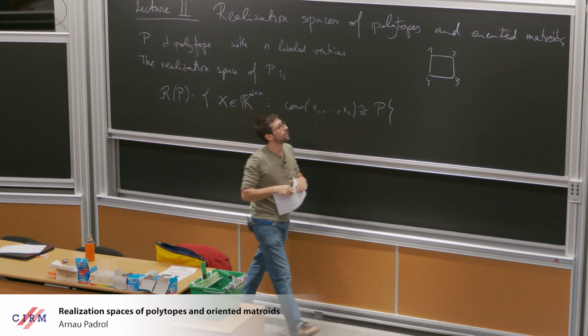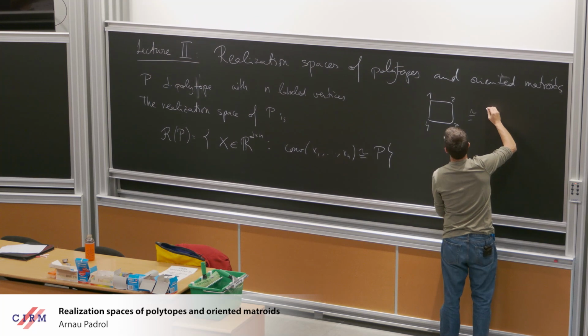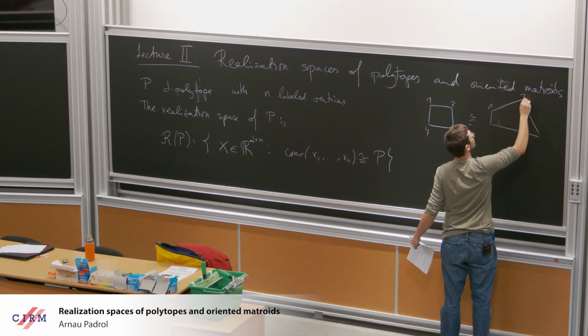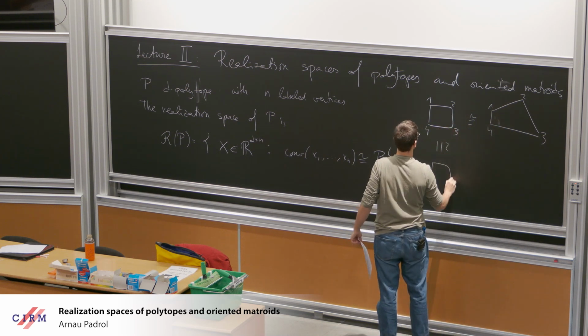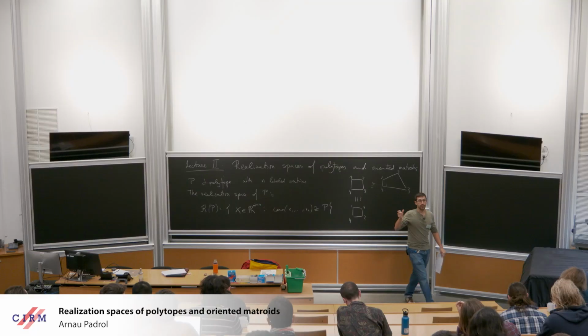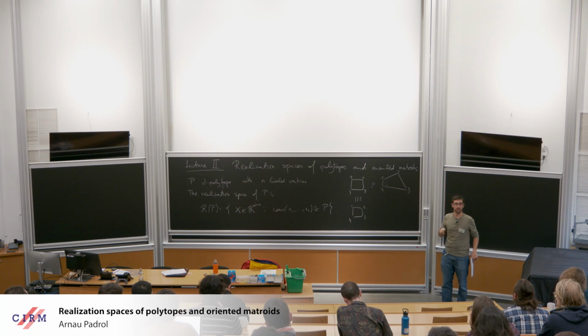Okay, so I want to say that this polytope is combinatorially equivalent to something like this, 1, 2, 3, 4, but it should not be the same as 1, 2, 3, 4. Okay. I want the same subsets of vertices with the same labels to form faces in both polytopes.